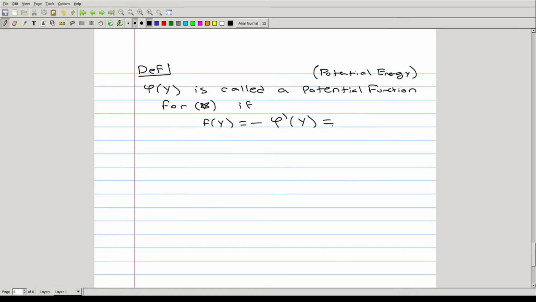Note that this is saying that f is negative the y derivative of phi. Phi is a one variable function of y, and the derivative is with respect to y. So that's important to even write down.